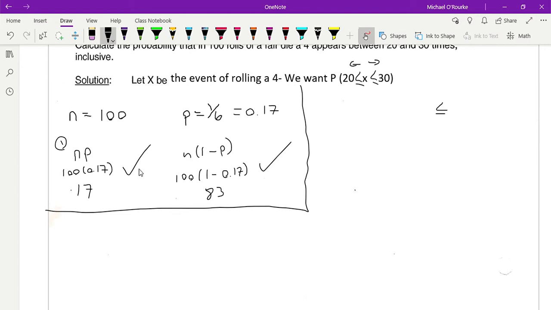It's 83, because 0.83 times 100 is 83. And the other is 17. So if one of them is not greater than 5, you can't use this strategy, so just throw the question out.